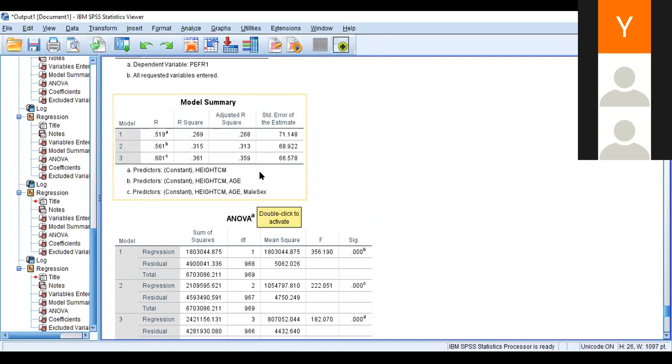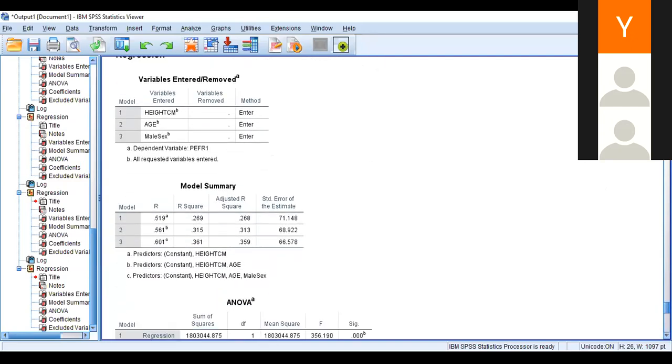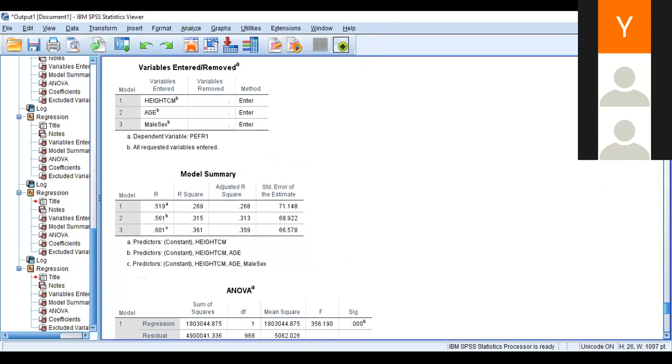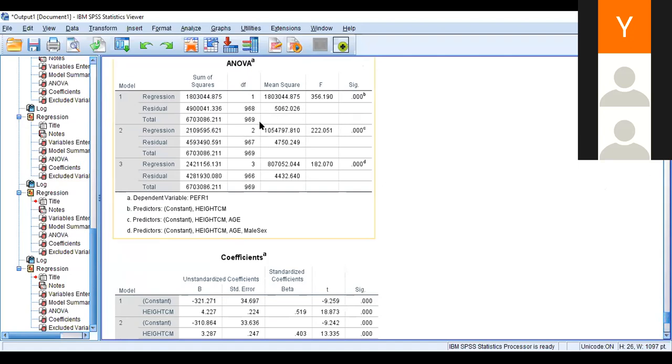Now, the model summary, this sum of square. When you first run it, it will give you the total, and this is the ANOVA.